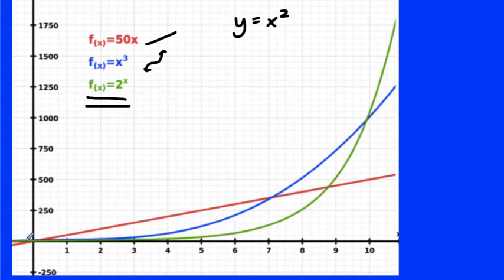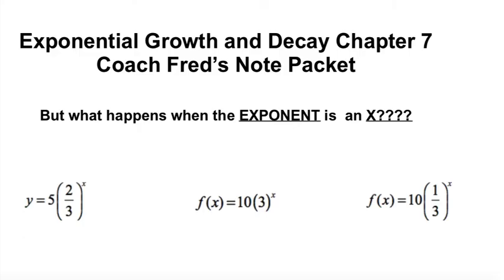If you look at the green graph, it appears to be getting bigger and bigger as x gets bigger. It's growing slower than the cubic function and slower than the line until it gets to right about here. Here it starts growing faster than the line, and here it takes over the cubic function, and we call that an exponential function.